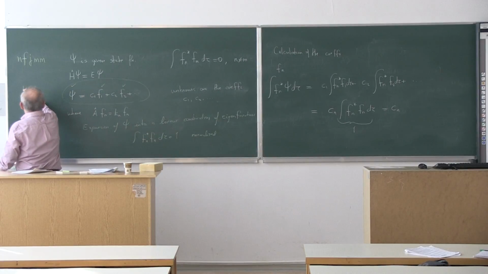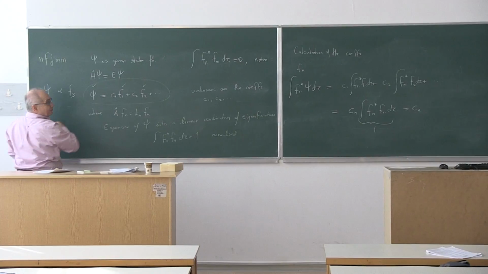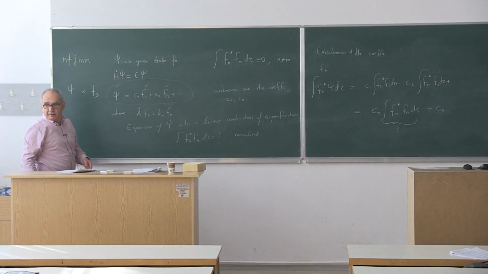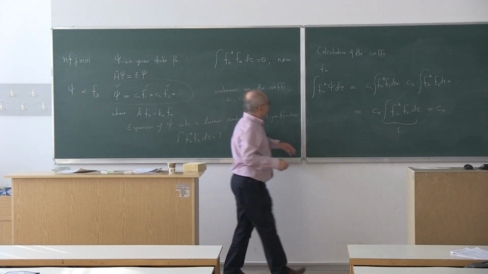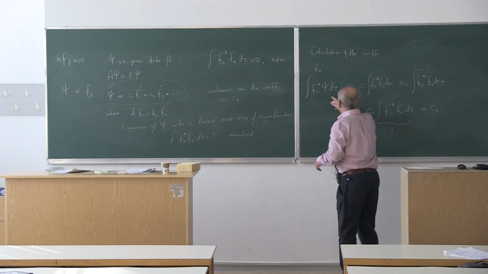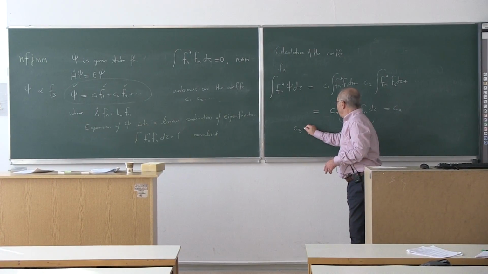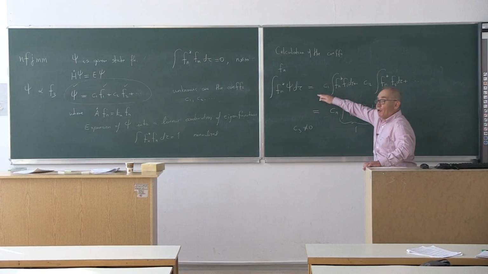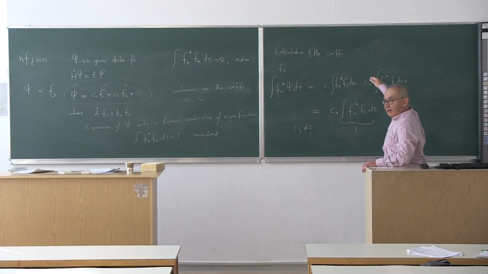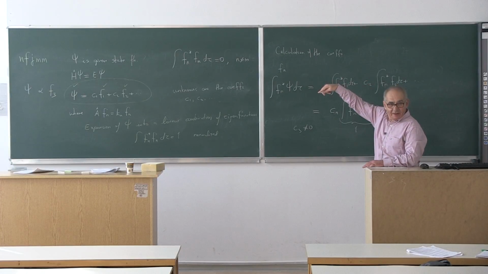Say if psi is proportional to F3, then the coefficient C3 will be different from 0, but all the other coefficients are going to be 0 because of the orthogonality.